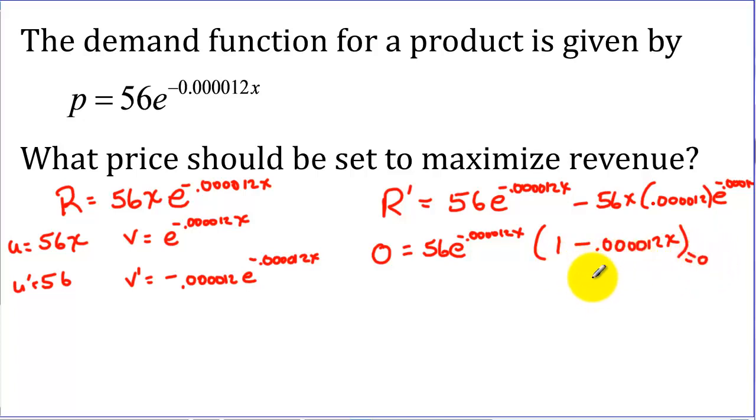a simple linear function, and if you solve that, you get x equals 83,333.3 repeating units. Now that would be the number of units of this product that we would want to sell to maximize our revenue, but our question asks for price, so we need to plug this back into our price function.